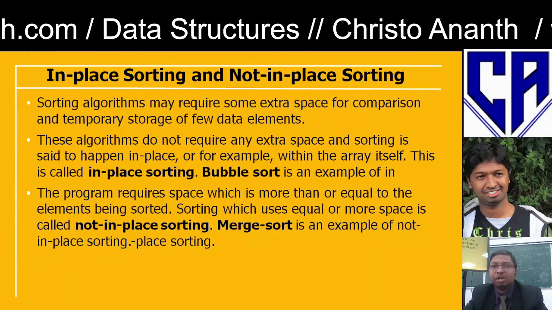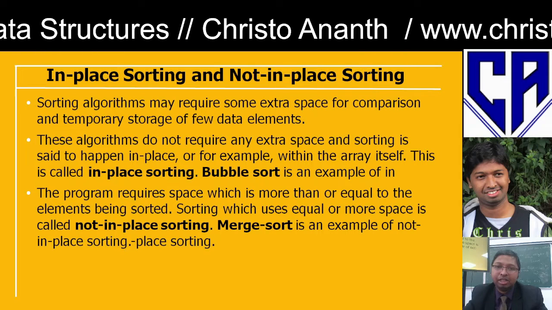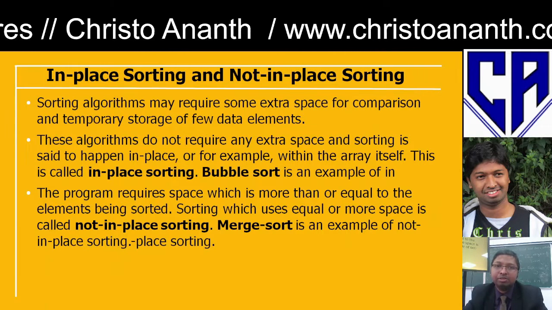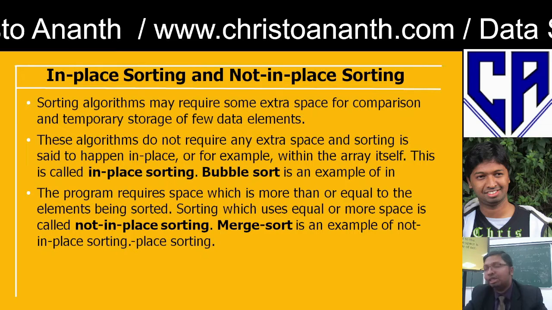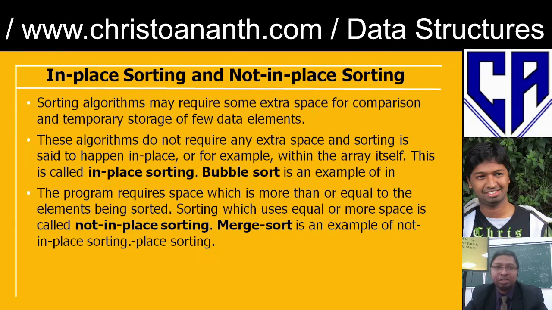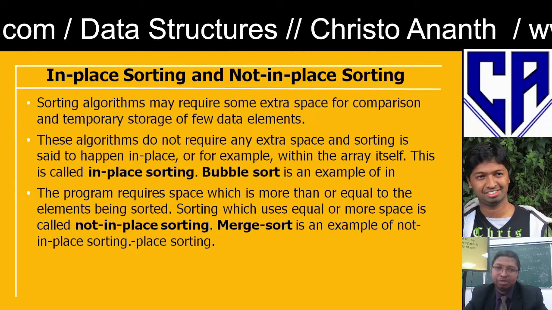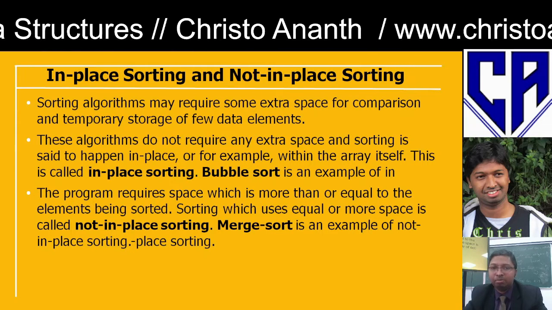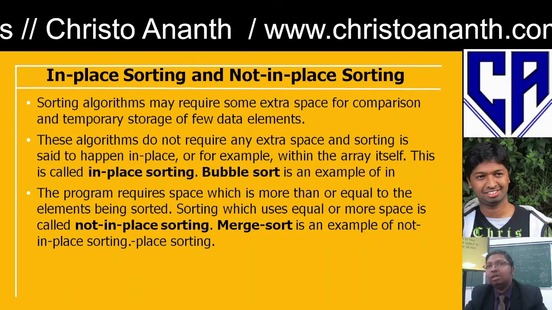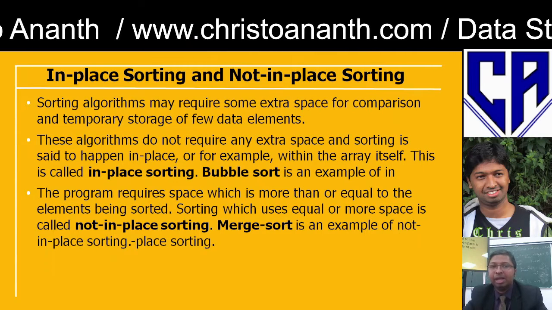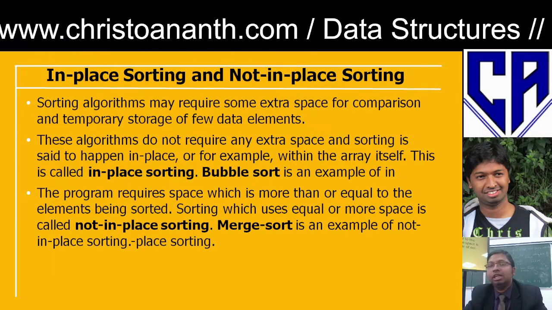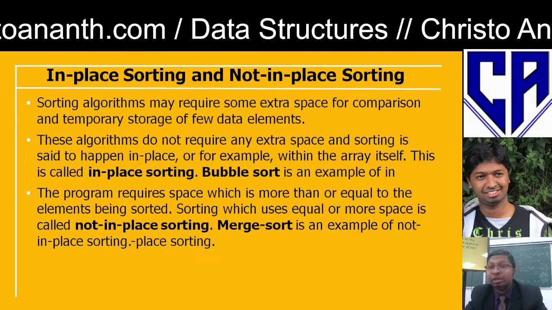There are two types of sorting: in place sorting and not in place sorting. Sorting algorithms generally require some additional space for comparison and for temporary storage of a few data elements. In place sorting does not require any extra space, and sorting is said to happen in place.